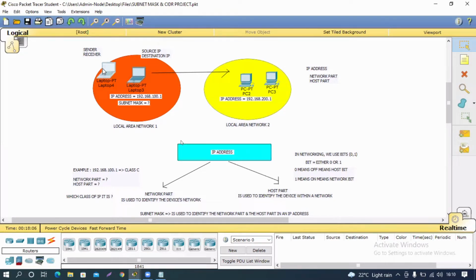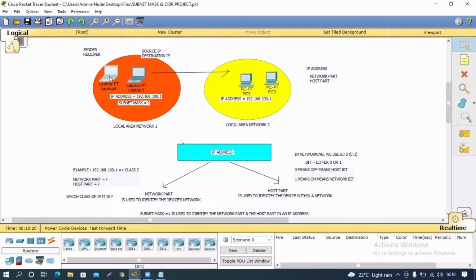So for a particular machine, it is important for it to know which network it belongs to, whether it belongs to this network or that network, because we have lots of networks on the internet. It should be aware of the network information in which it resides.